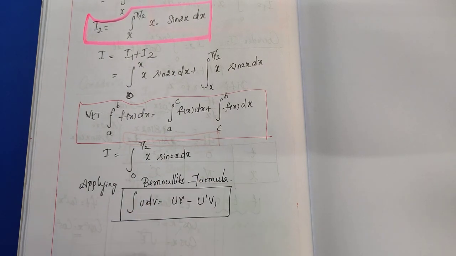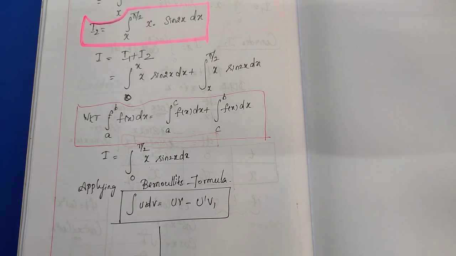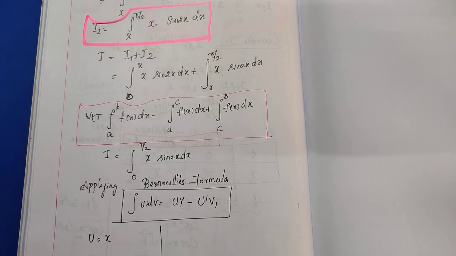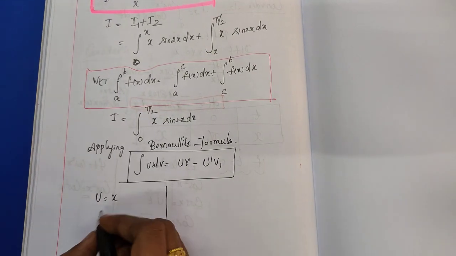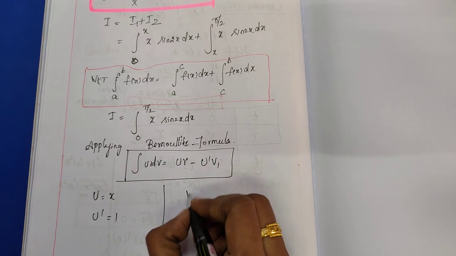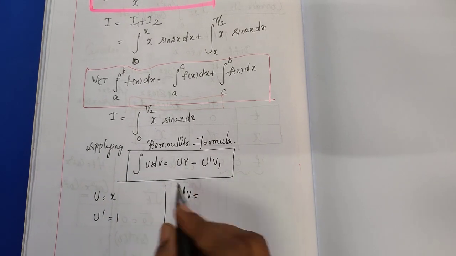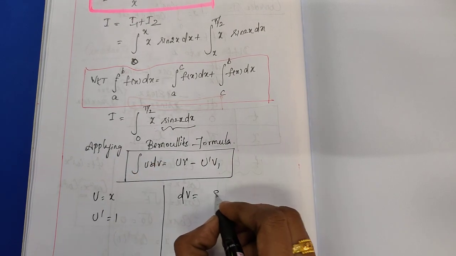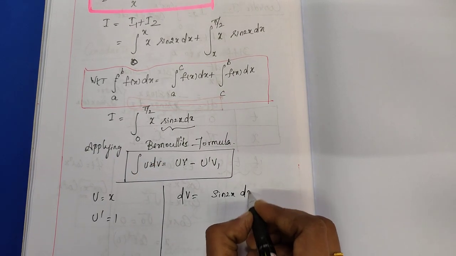So from the integral, our u is equal to x. From that, u dash is equal to 1. Our dv is equal to the remaining term, sin 2x dx.